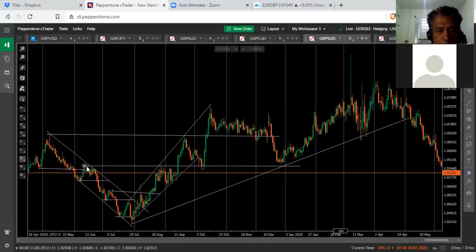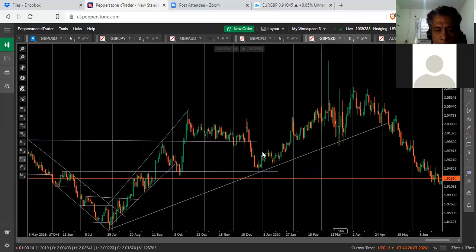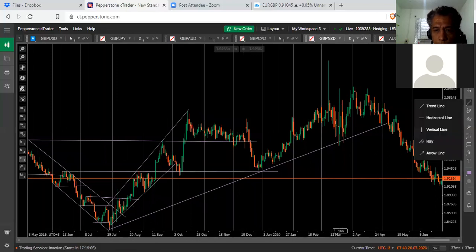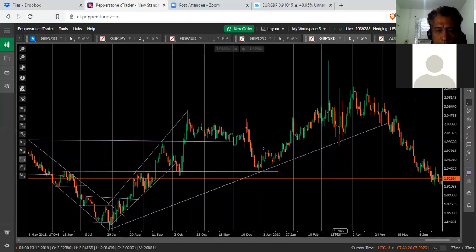This is a role reversal area, and we can see this as a pullback to this area. And then as the market pulled back, it went up, and we can see here swing low, swing high were violated. Right here, you can see swing low, but in this swing low, you can see it was not violated.